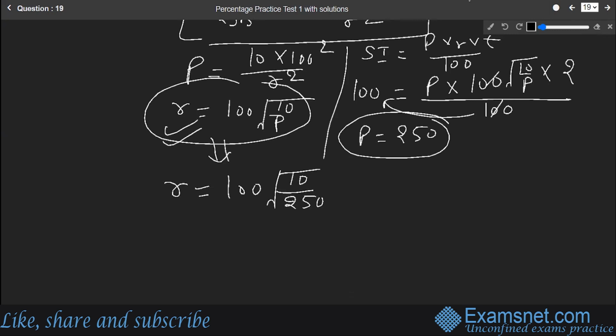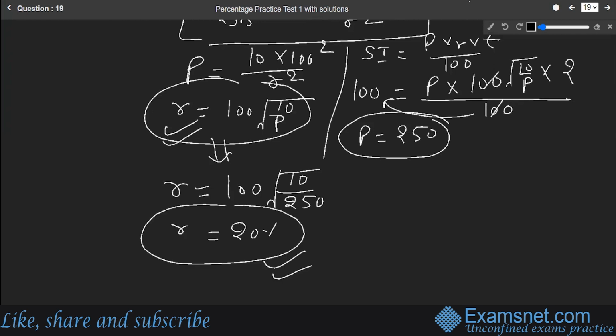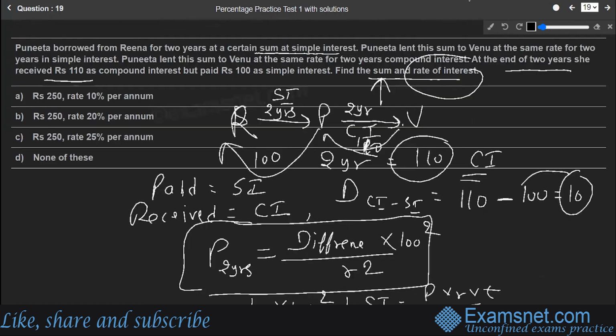If we solve this further, R comes out to be 20%. So the rate value is 20% and the principal value is 250. These are the two values that were asked. Let us see where it is available. The principal is 250 and the rate is 20%. It is available in option B, which becomes the right answer for us.